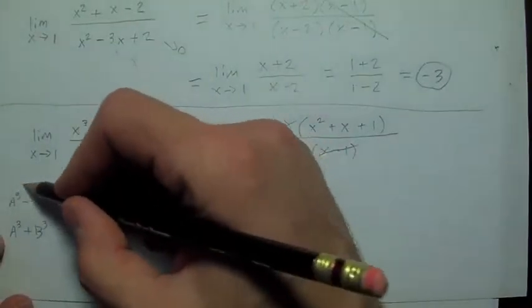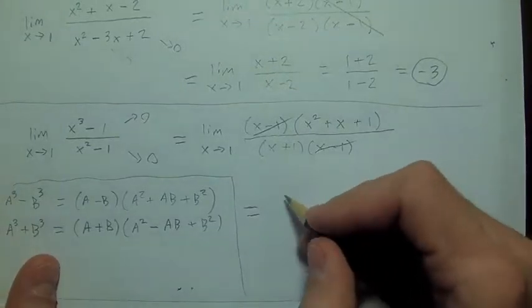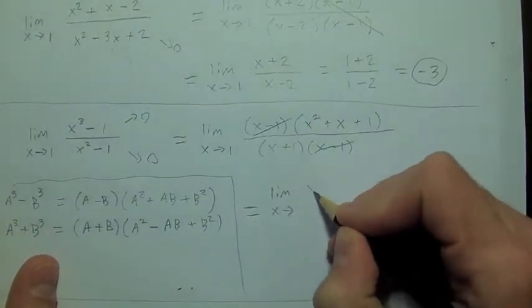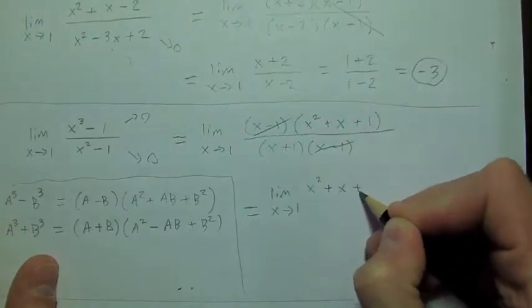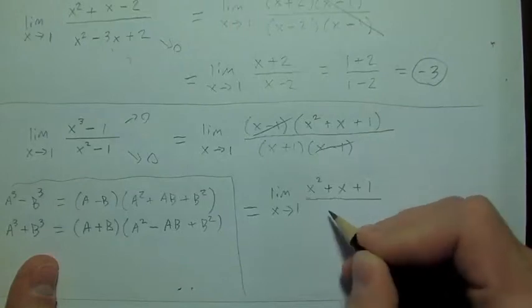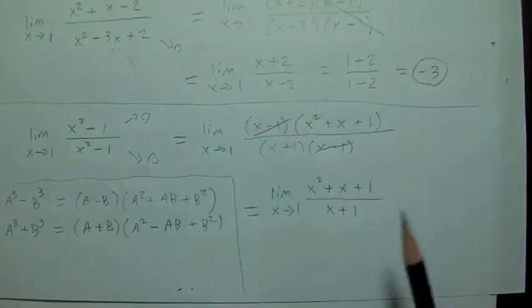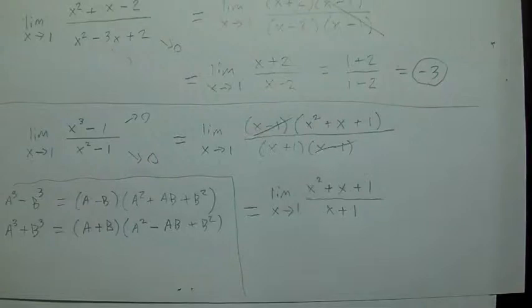Okay? So let me rewrite this just so we see what's going on. A lot of people don't really do this step, but I find for some it really helps. Remember, I'm writing my limit sign again. You will forget that, I promise, but try your best not to. So now we have the limit as x goes to 1 of x squared plus x plus 1 all over x plus 1.